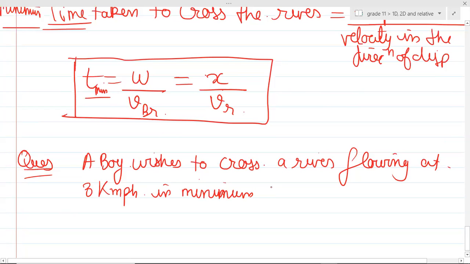So when I talk about minimum time, which concept will we be using? This one. So find, first, the time.